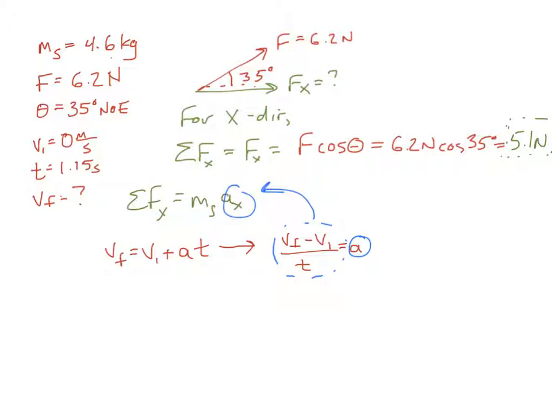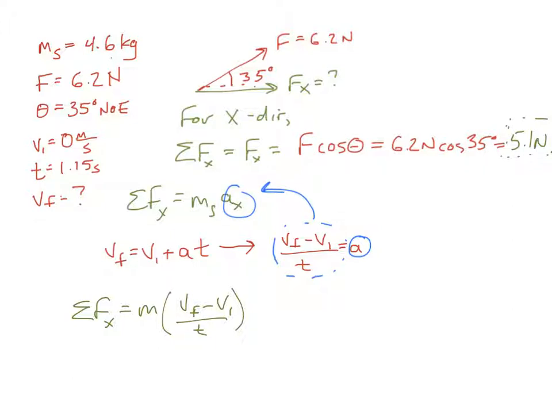The net force in the x direction equals mass times acceleration, yes, but we're going to substitute in our kinematics equation, times v final minus v initial over time. That whole expression is substituting in for acceleration. So let's solve for v final. And you'll notice I'm not even plugging in any values yet.